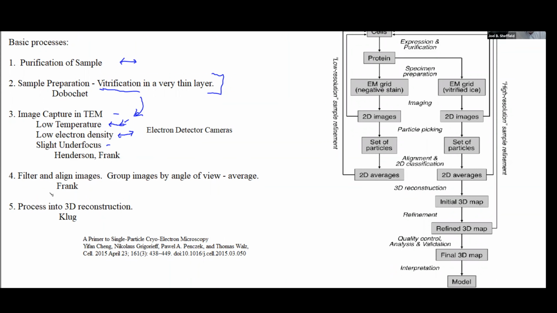At any rate, Henderson and Joachim Frank, who worked on this, realized that it was possible to quantitate the amount of underfocus that was necessary. So you would generate these images and create them in such a way that you could see a little bit of contrast, but just barely.